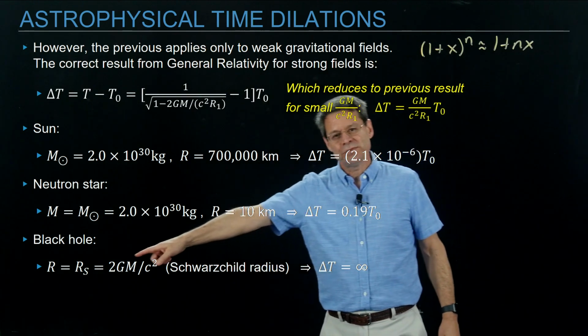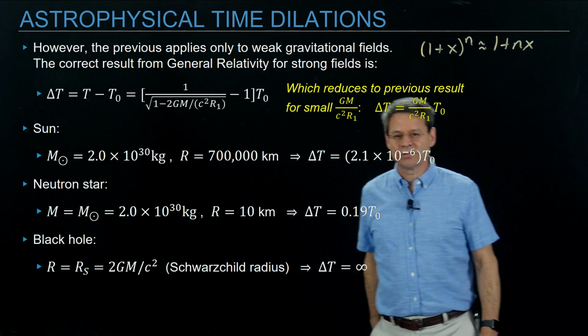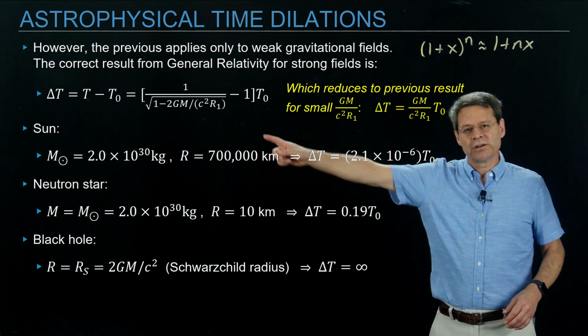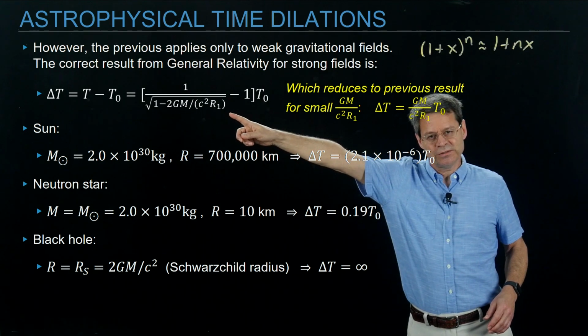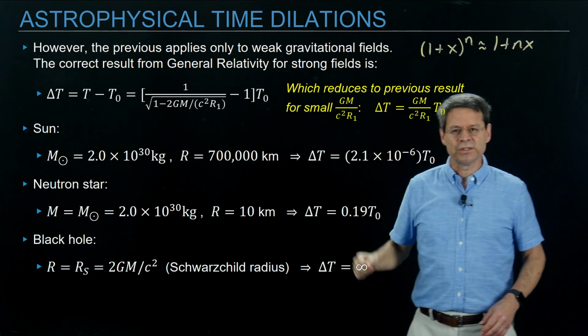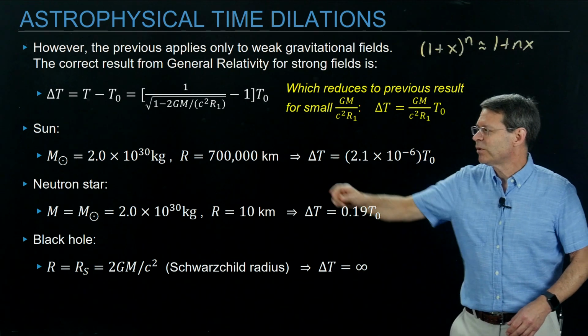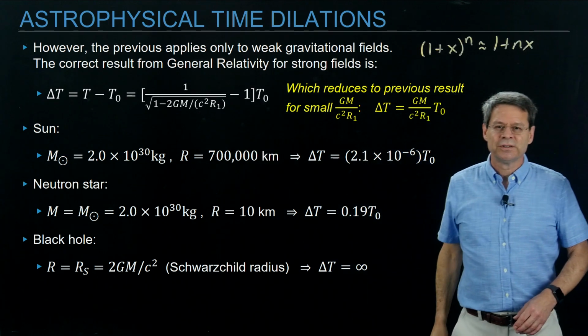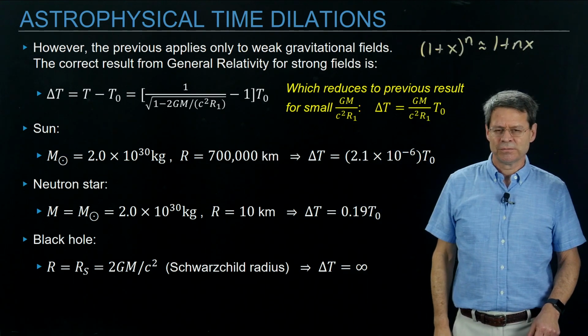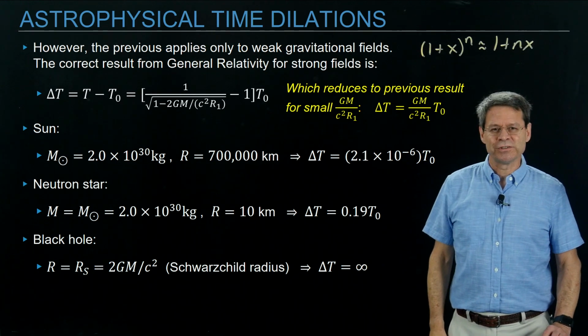And it's given by 2GM over c squared. And if we plug that into our correct expression here from relativity, we get that the time difference is infinite, in fact, because I'm going to have 1 over the square root of 1 minus 1, which is 1 over 0, which becomes infinite. Oh, strange.